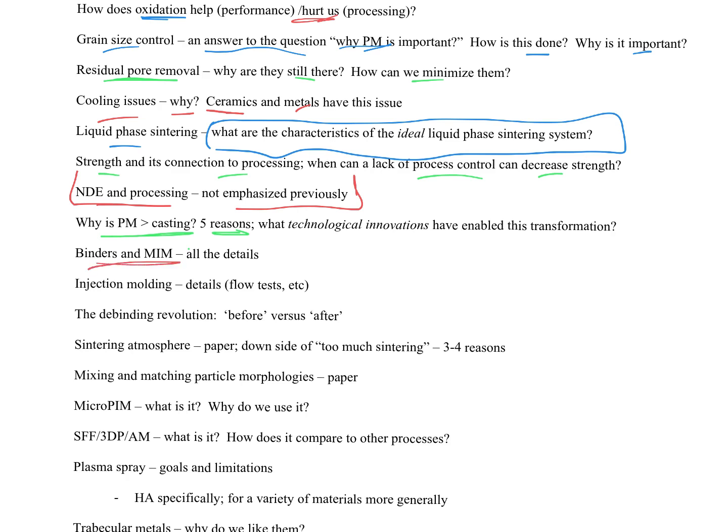Binders and MIM. The beauty of this, and a lot of other areas, is that CIM and MIM have almost the same binder systems in many cases, so the goals are the same: trying to get perforation, trying to remove one, leaving space for the other to sequentially degrade after that. The difference I should bring up is the concept of handoff as we go from a solid made up of particles to a solid made up of grains.